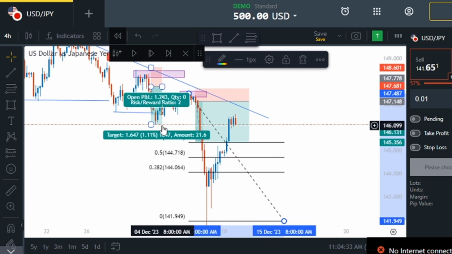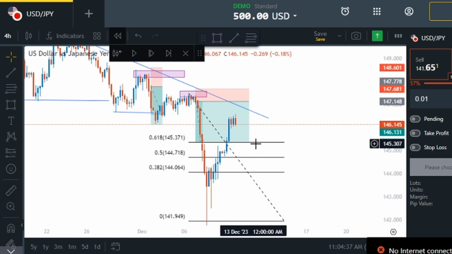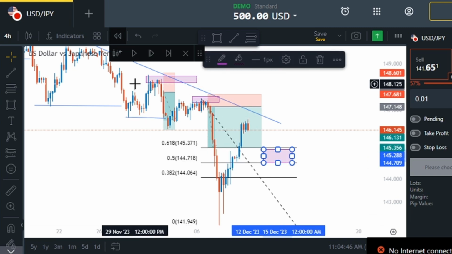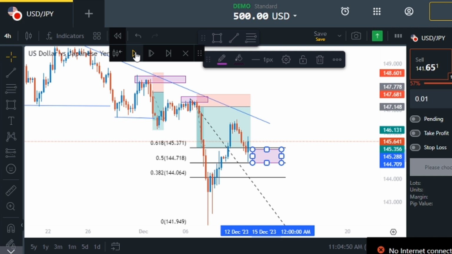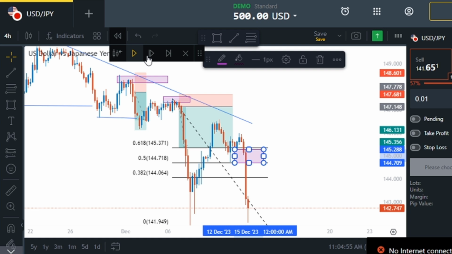So this is our 0 point. This is our region. The market bypassed that region, went all the way up, then started coming down. Now, you see, it has come back to our region.